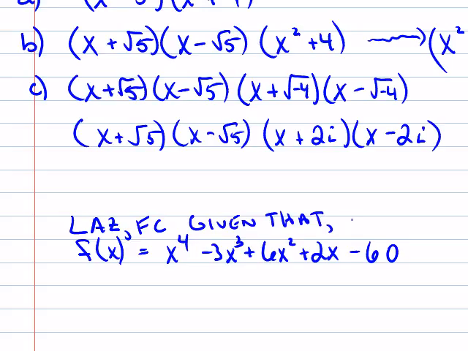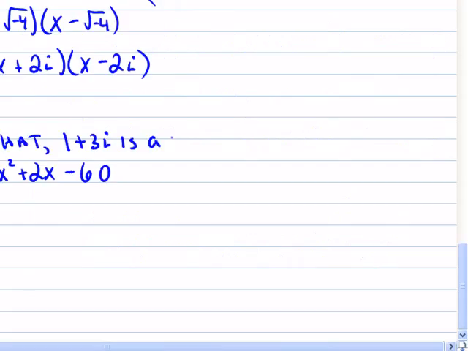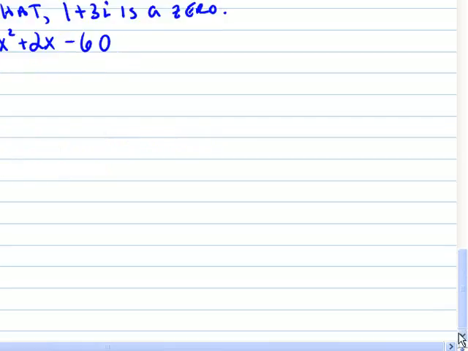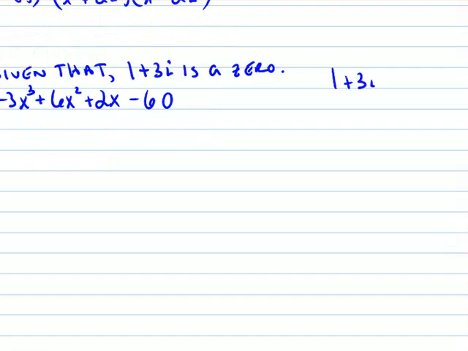Given that 1 plus 3i is a 0. Oh, well, so we already know one of the zeros. Actually, we know two of the zeros. Why? Complex roots come in conjugate pairs. So if 1 plus 3i is a 0, then 1 minus 3i is also a 0.